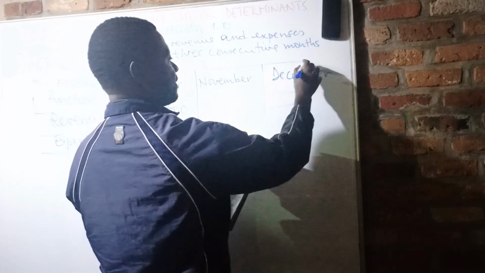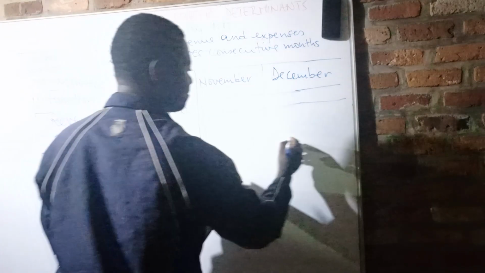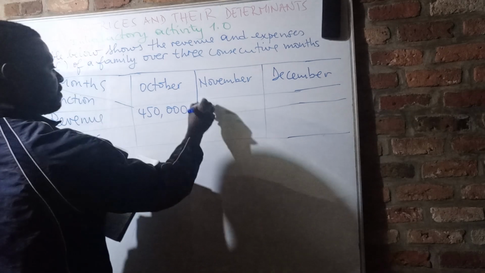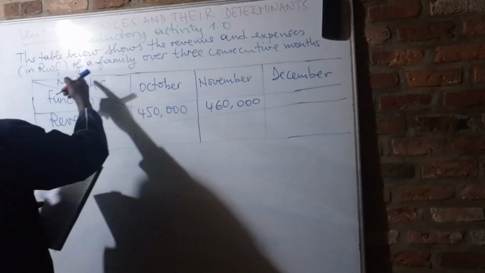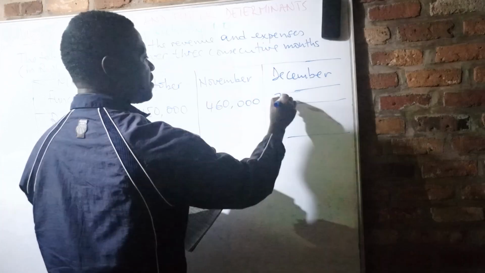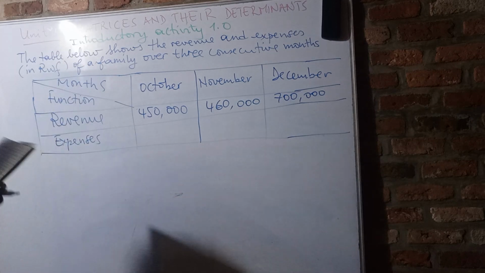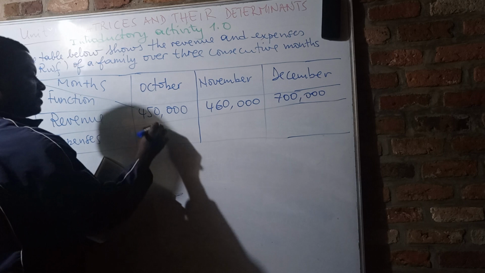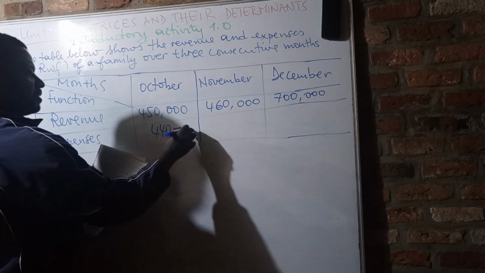Okay, that's right. Now here I have 450,000, 460,000 francs, and then we have 700,000 francs. And about expenses, in October I have 440,000.